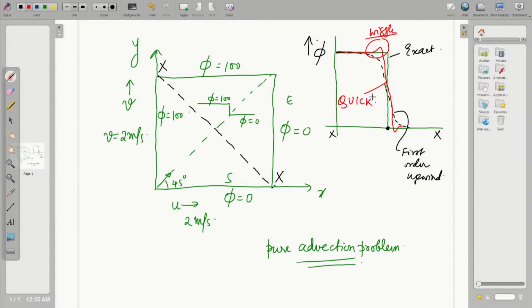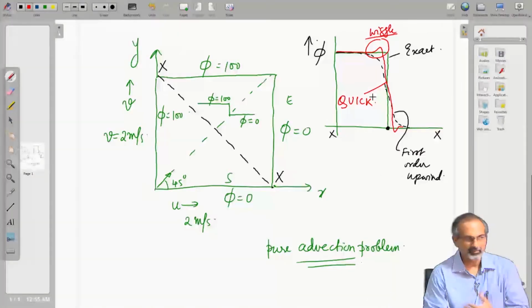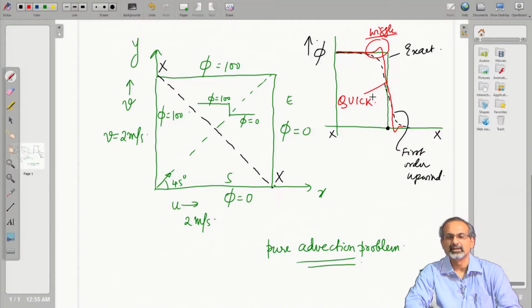So, the question to ask now is that as we improve the formal accuracy of the scheme, we are able to capture the change in a sharper manner. The sharp change does not get diffused because of artificial viscosity, but on the other hand we see these numerical oscillations or wiggles coming up.